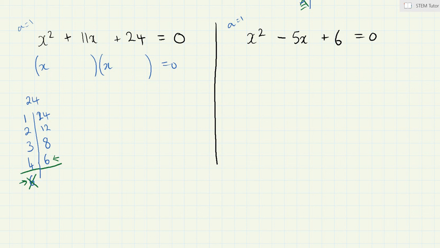And now I work through each factor in turn and think, can I get 2 plus 11 from either of these numbers?